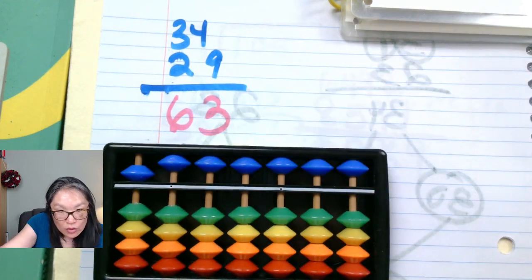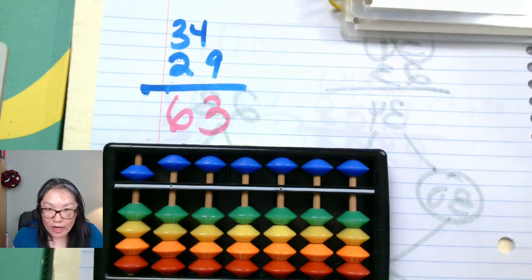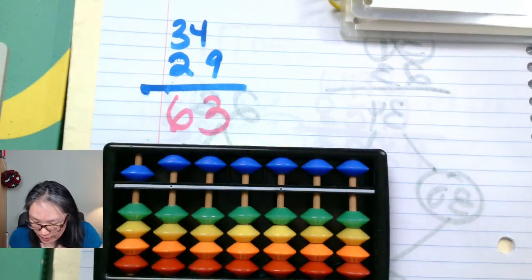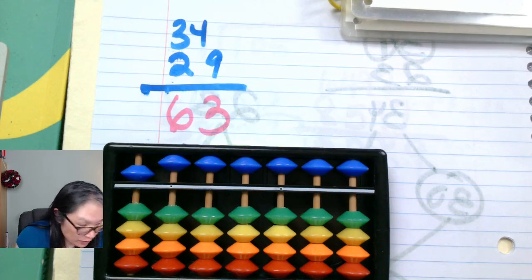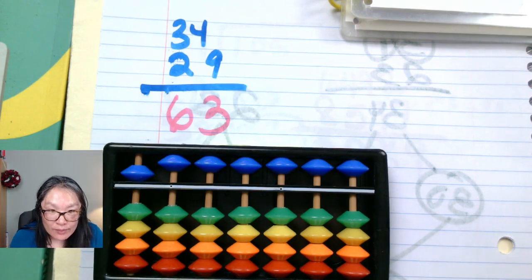And if you notice, a lot of the adding and subtracting that we've been doing is very much like, how do I make a 10? How do I make a 5?